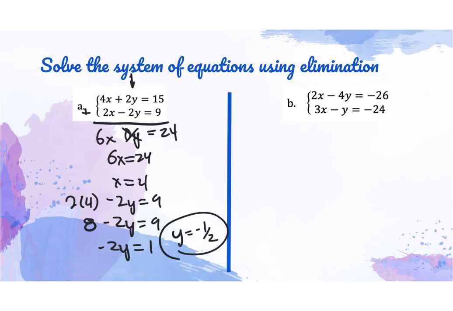All right, sometimes you're not going to have it lined up perfectly right away. But you see how I have this one by itself, basically? I'm going to multiply this whole thing by negative 4. I'm going to keep the top one the same. The bottom one, I'm going to multiply everything by negative 4.